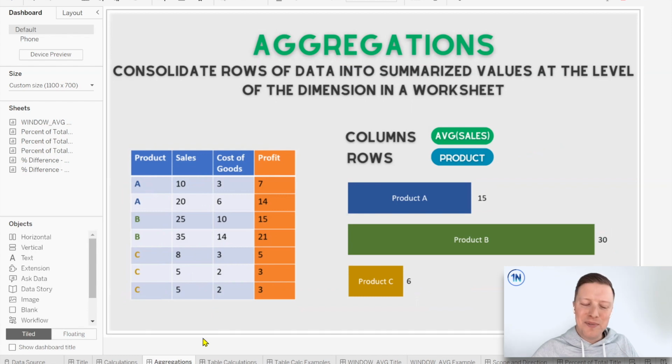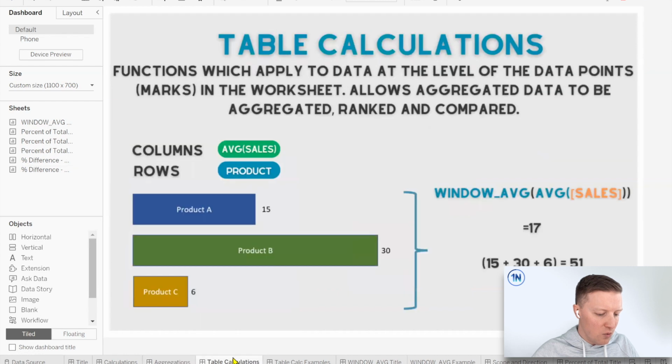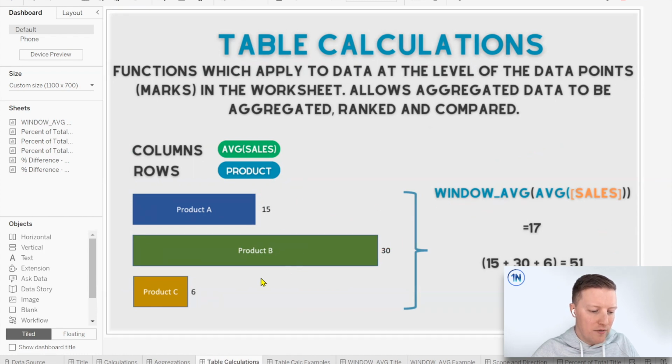That brings us to the doorstep of table calculations. With a table calculation, the idea is that for these already aggregated values, like these bars, these data points in a worksheet, we now want to apply some sort of math, maybe some level of aggregation, to those values. If I want to know the average of these 3 bars, well, these bars are already aggregations, taking the rows of data and summarizing them into a singular value.